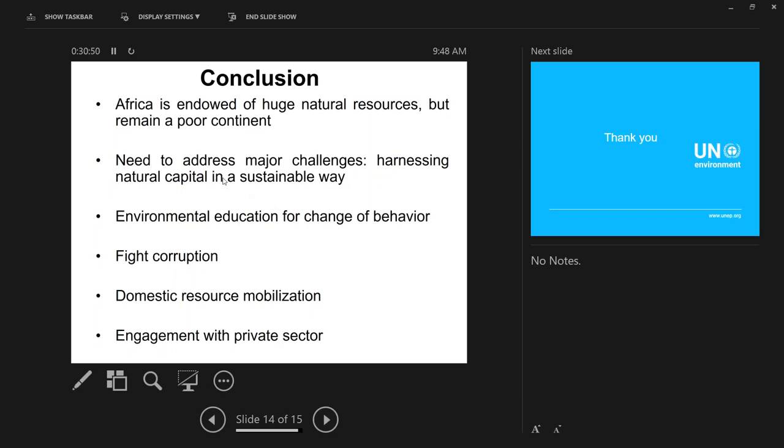To date, 25 of the 55 countries are parties to the Bamako Convention. 17 others are signatories and are yet to ratify the convention, leaving 13 countries.